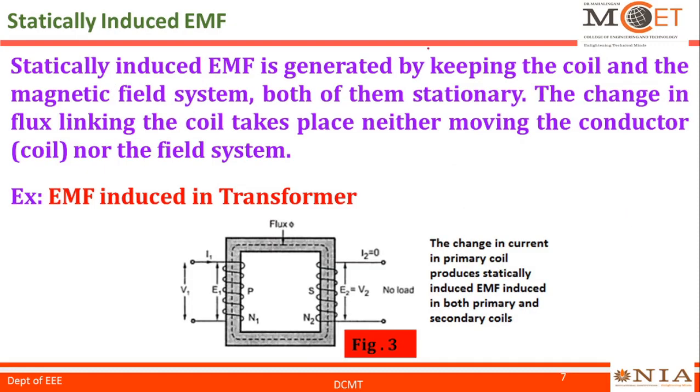In statically induced EMF, the coil and the magnetic field system are both stationary. The change in flux linking the coil takes place neither by moving the conductor nor the field system. Example, EMF induced in a transformer. It has no moving parts.